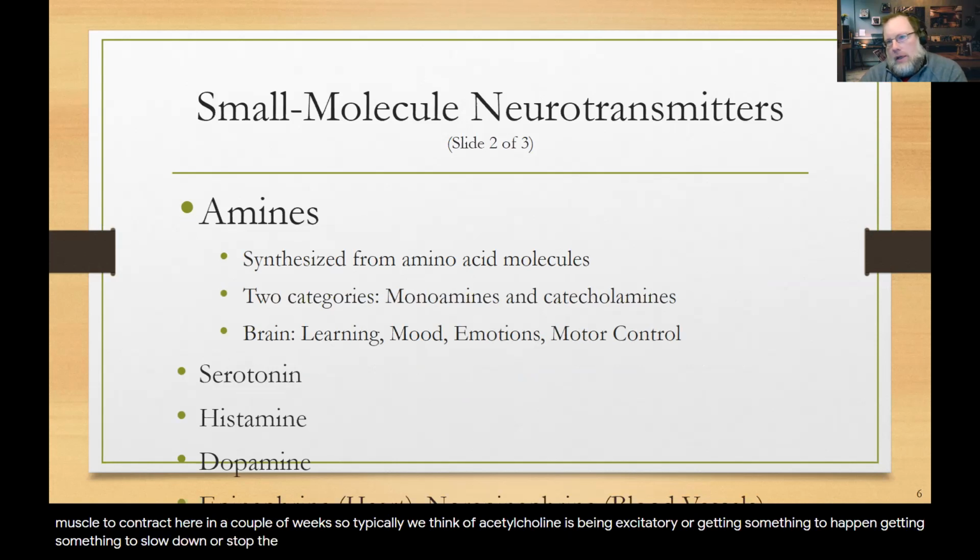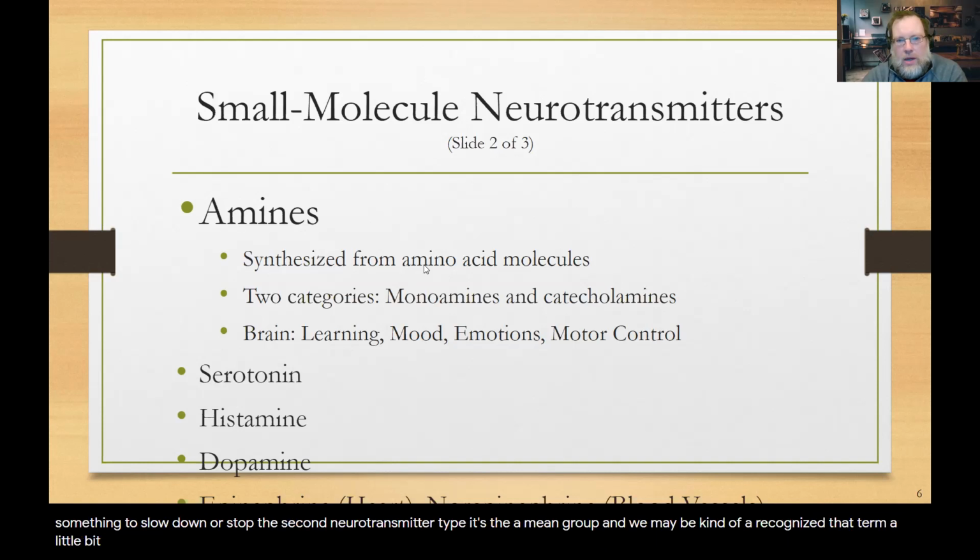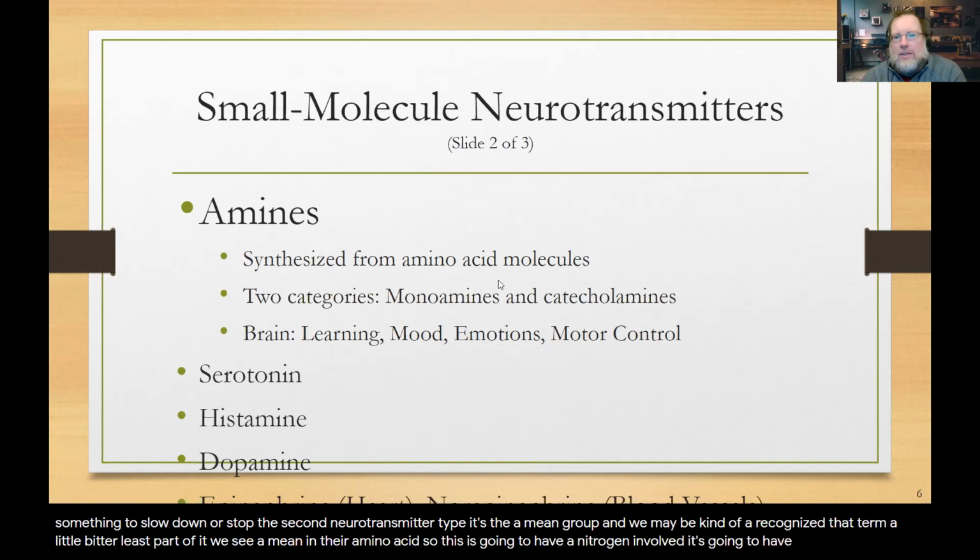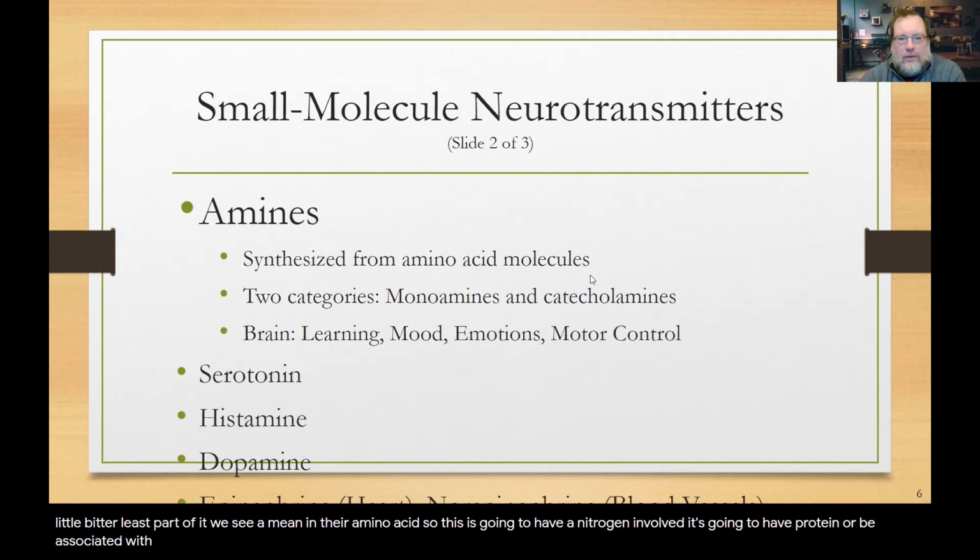The second neurotransmitter type is the amine group, and we maybe recognize that term a little bit, or at least part of it. We see amine in amino acid. So this is going to have nitrogen involved. It's going to have protein or be associated with protein derivatives. Again, we're going to see 2 different categories of the amines, what we call the monoamines and the catecholamines.